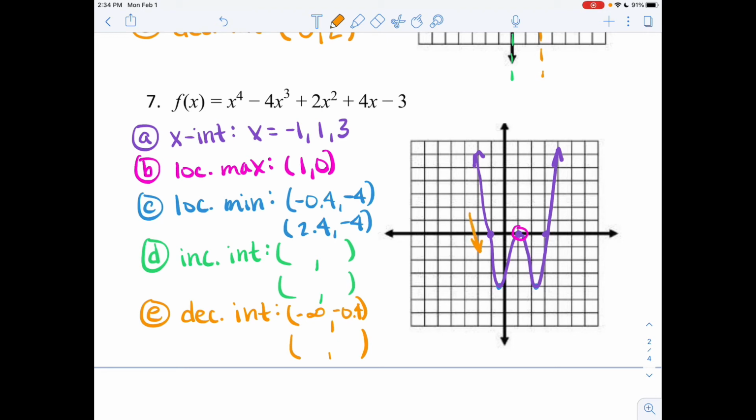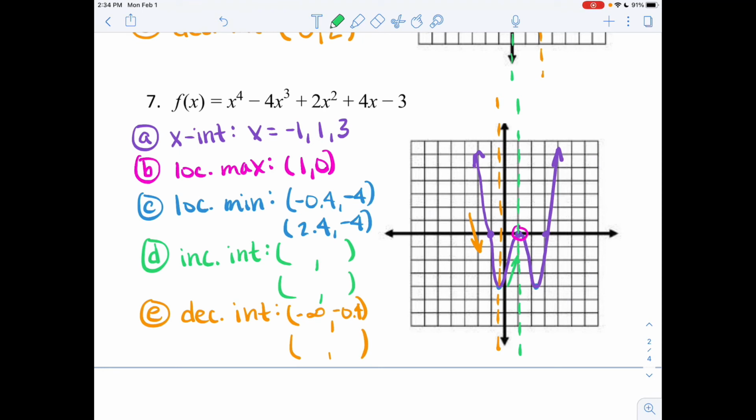So decreasing here. And then when I get to this point right here, kind of a critical location, I'm going to start increasing. And I'm going to increase until I get to 1. 1 is a turning point, happens to also be where my 0 is located, and it is the local maximum.